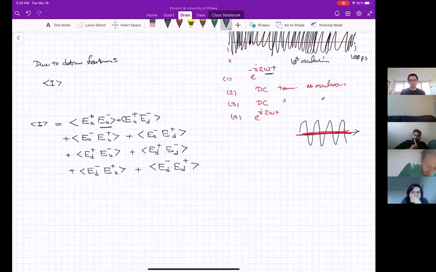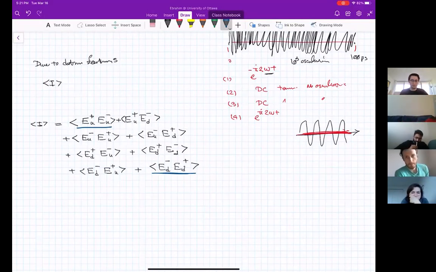What about this term and that term? We say that E plus and E minus have the same amplitude if they are coming from the same field.